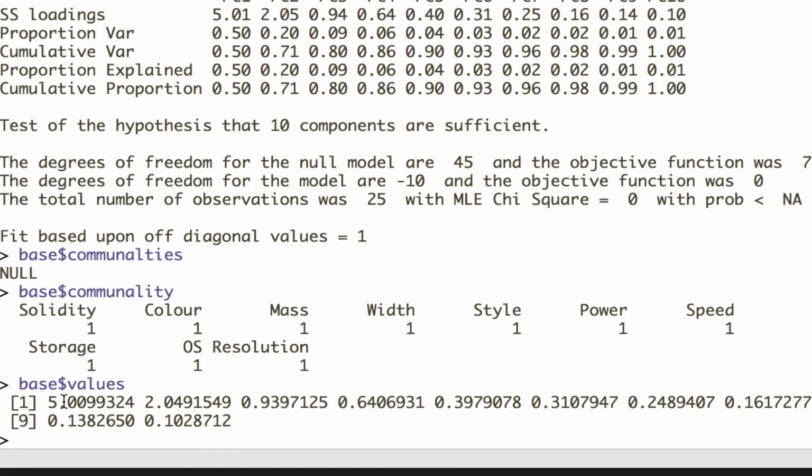The heuristic that people use is that if this is above 1, you should keep that component. So fortunately they're ordered in size. So we've got a first eigenvalue of 5, so that shows we definitely need to keep the first factor. Second eigenvalue of 2, which shows we need to keep that factor.